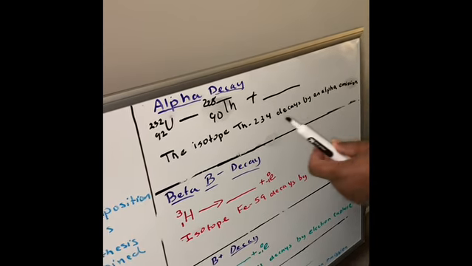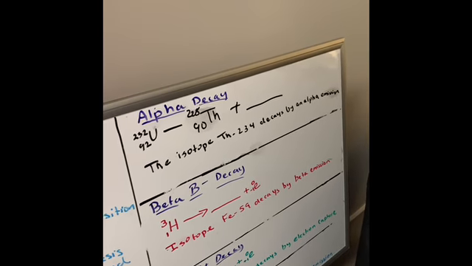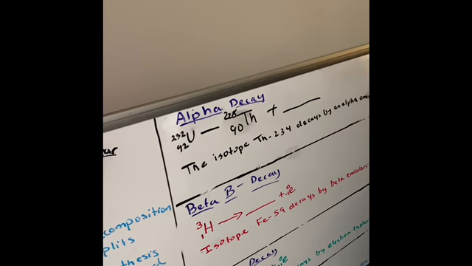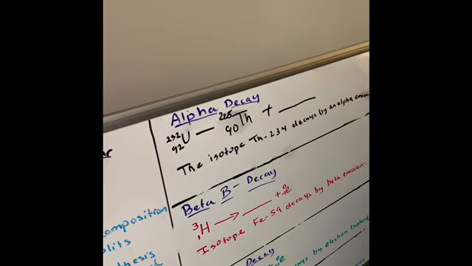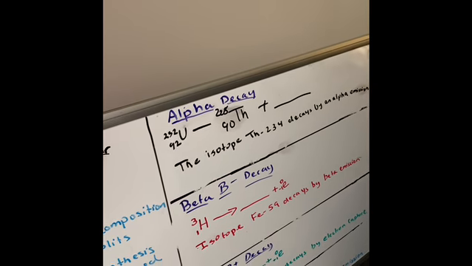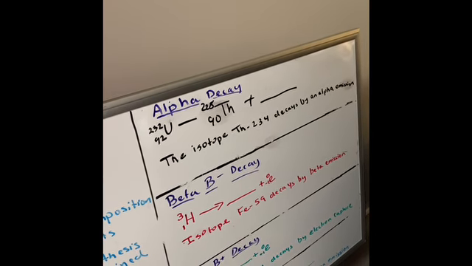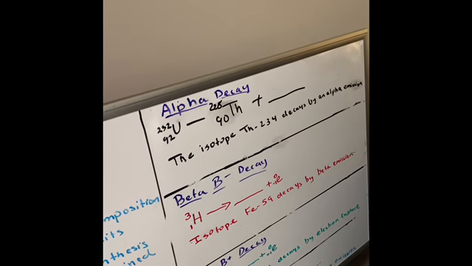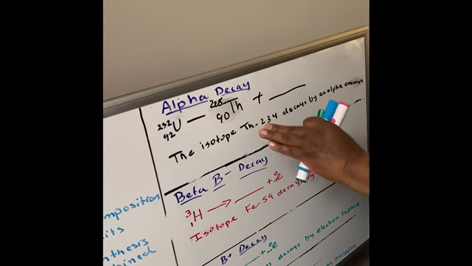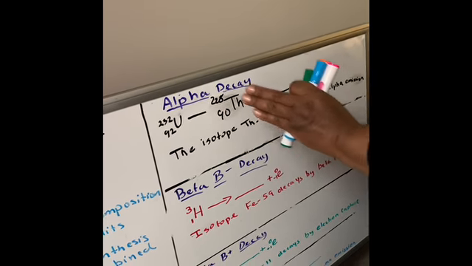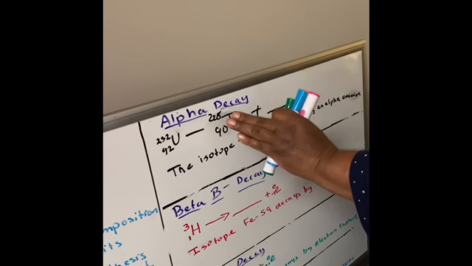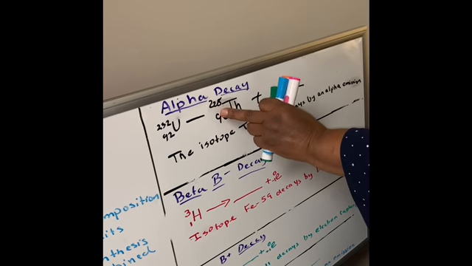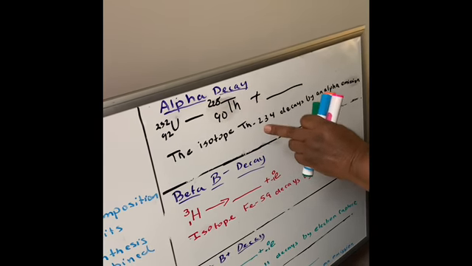That being said, the way that we determine what the new element is going to be is by following the rules for alpha decay, which actually says that there's going to be a change in the atomic number by 2, and there's going to be a change in the atomic mass by 4. In this particular instance, you see that there is a decrease in the atomic mass by 4, and so you get 228.